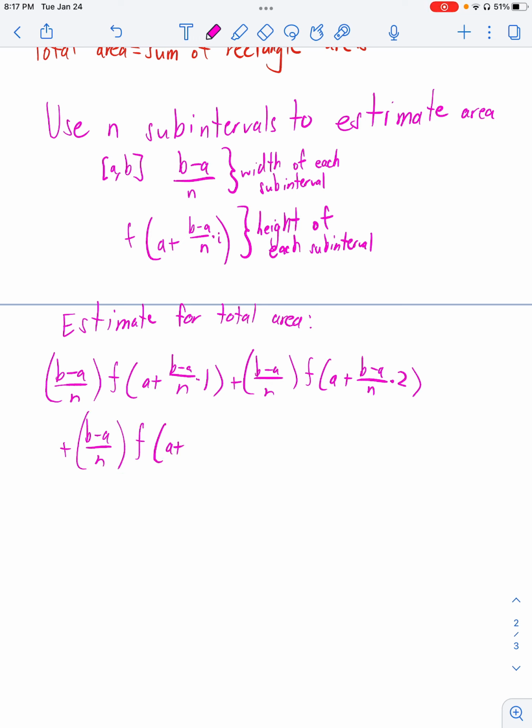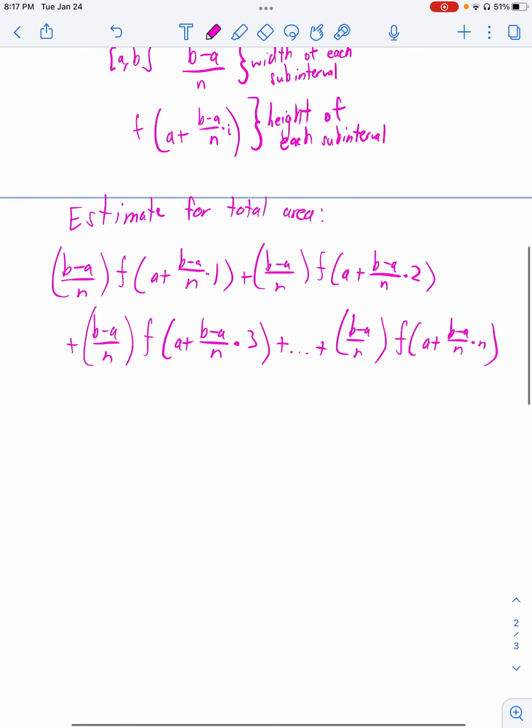I'm just summing up the areas of all the n rectangles in my sum, okay?